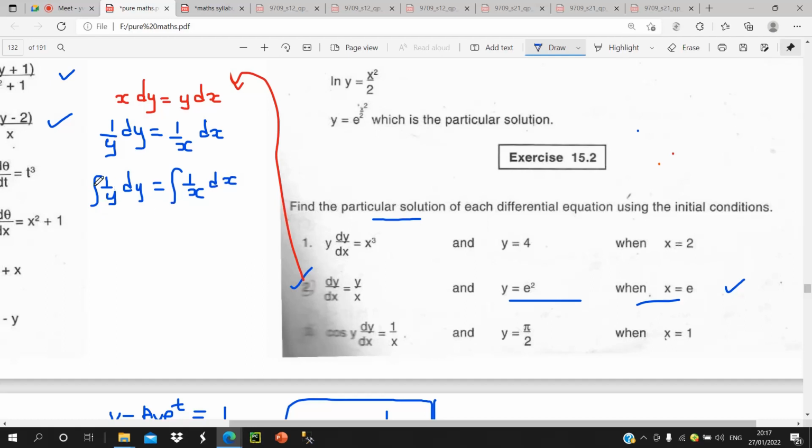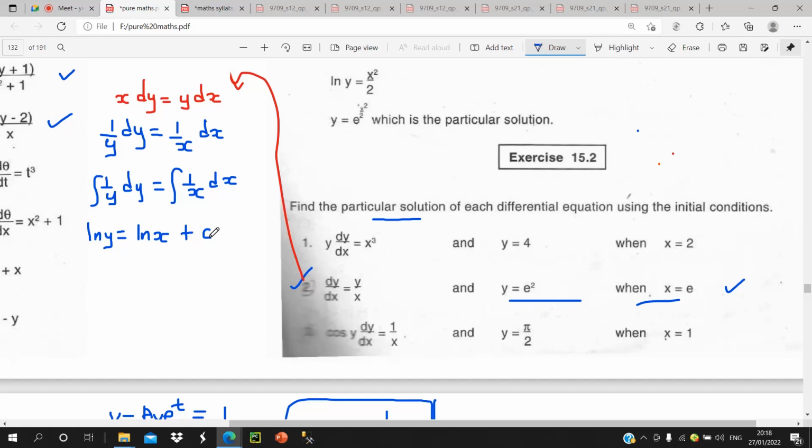Yes. Then what is the integral of this? Ln y. The integral of this? Ln x. Then you say plus what? Plus c.